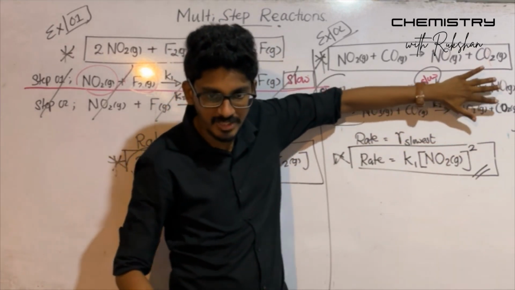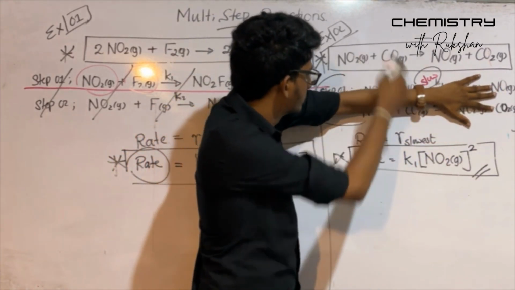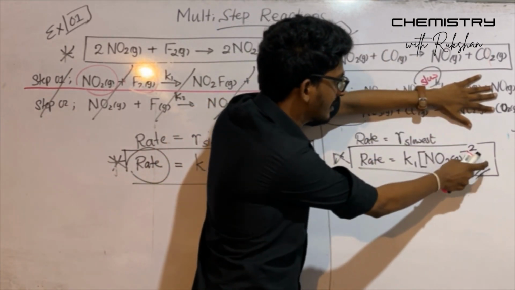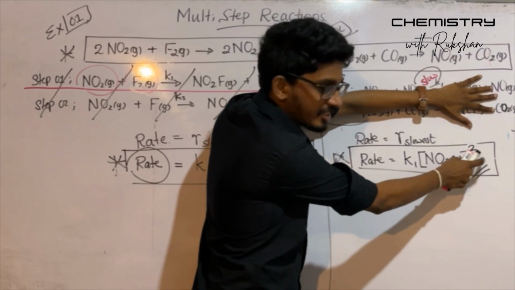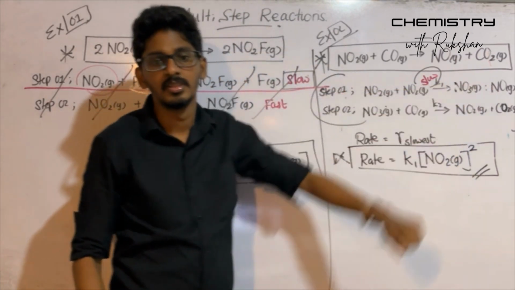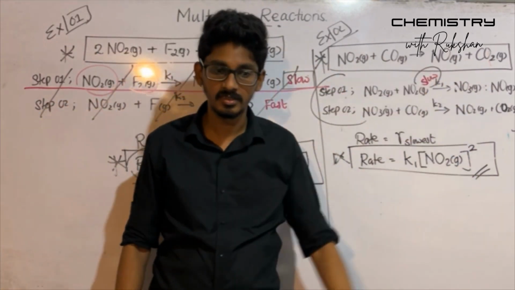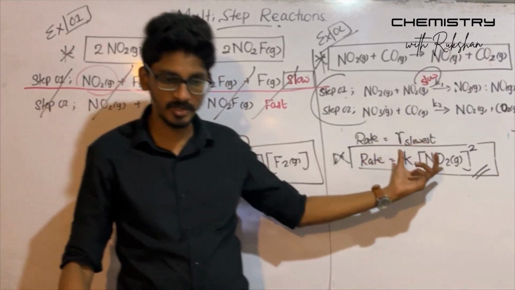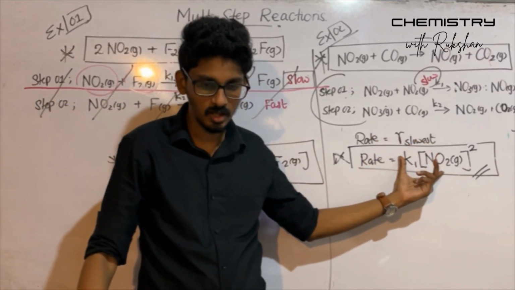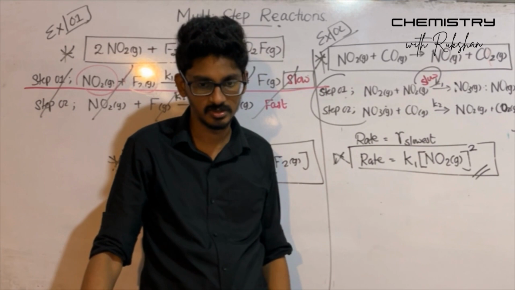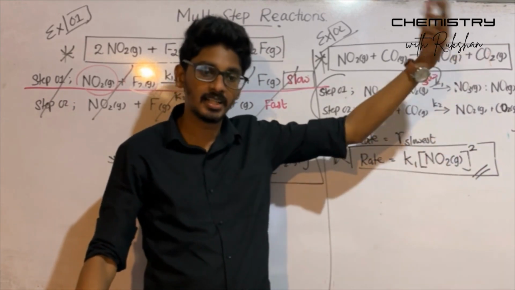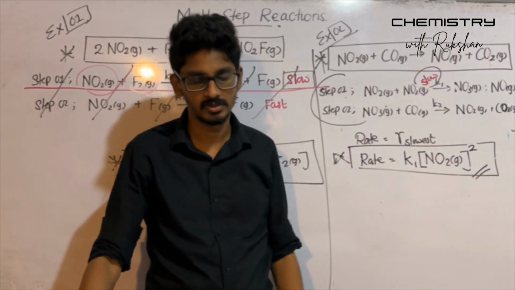Even without knowing the mechanism, by just looking at these two, you can say that CO is not appearing here. That means it is participating in the reaction after the slow step. Yes, that is the case. So those are the things you can grab from the rate law of a multi-step reaction. The CO is not appearing here because CO is participating in the reaction after the slow step.